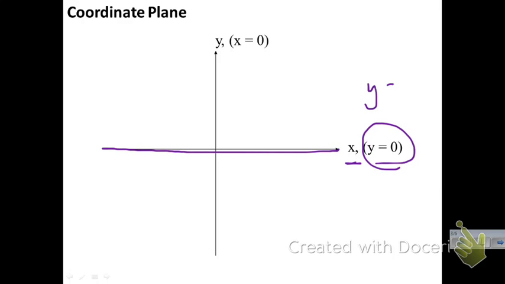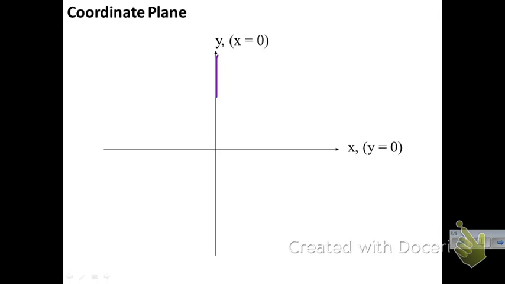If I said graph y equals 5, you would go up 5 and graph it up there. With the y-axis, it's also known as x equals 0. It's that vertical line. And so if I asked you to graph x equals -2, we would go back 2 and graph a vertical line here.